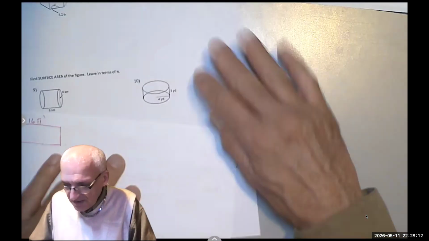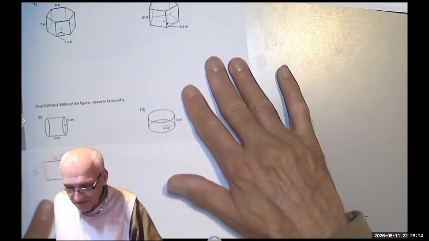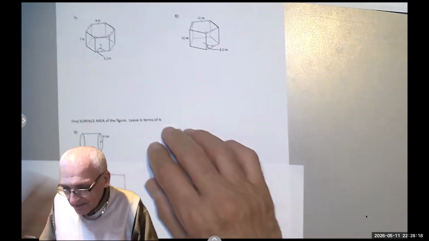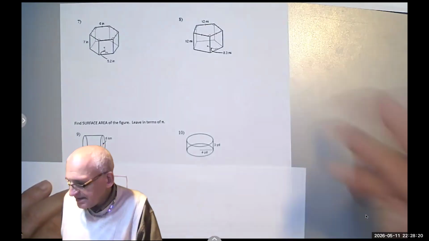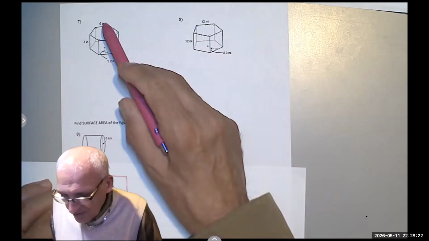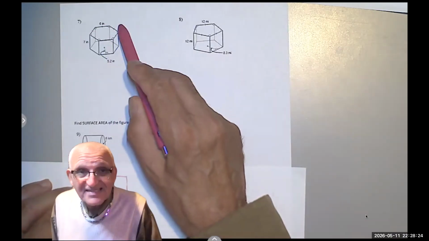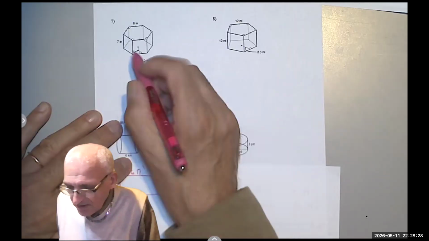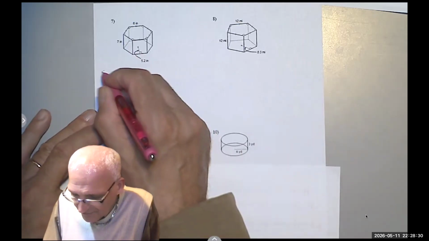There is another page. I don't know if we can, yeah, we can do those. I think the top are similar to the bottom, but anyway, it's the same thing, but let's do it. I have 1, 2, 3, 4, 5, 6 hexagon, the base and the height. So first of all, I have 6, so surface area.